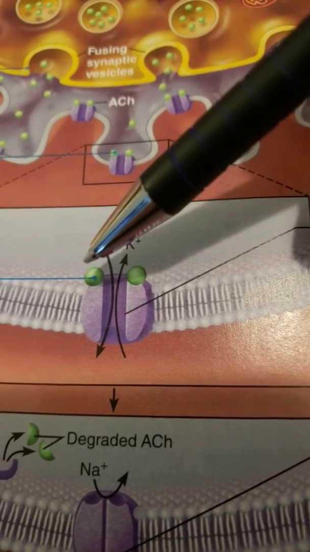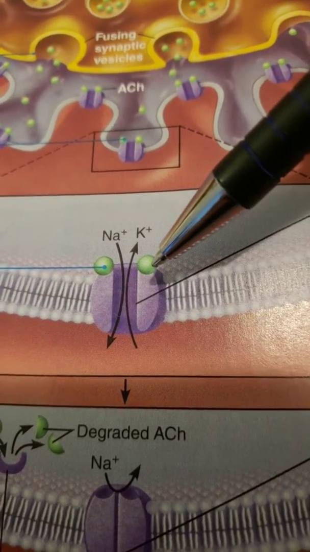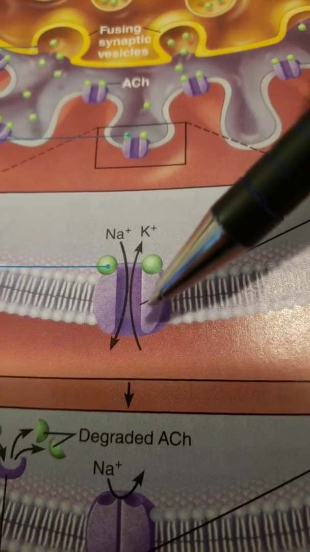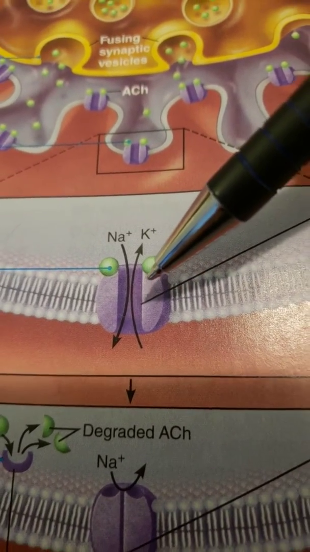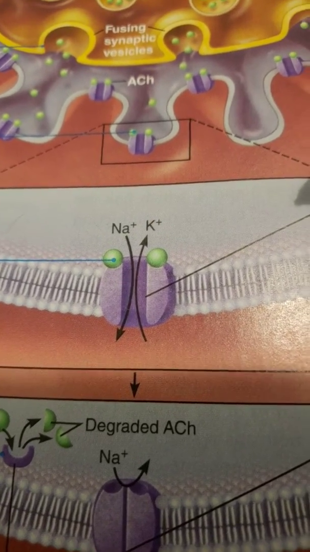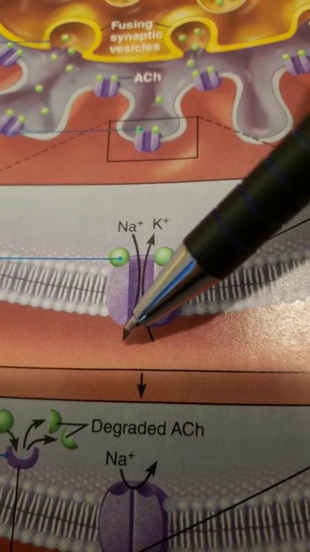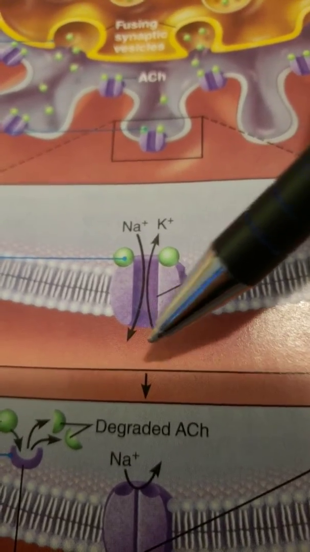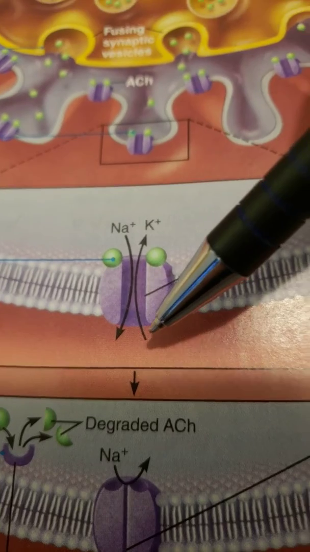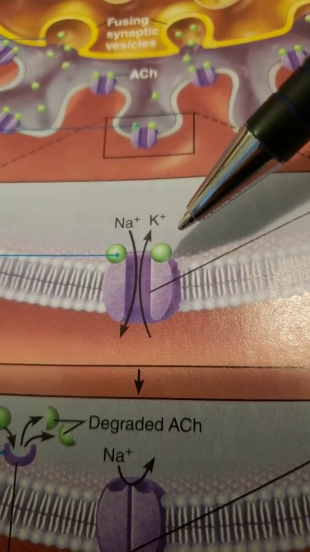When acetylcholine molecules bind to acetylcholine receptors, that bond changes the shape of the protein receptor, which then acts as a channel. Now, sodium can diffuse down its concentration gradient into the cell, and potassium can diffuse down its concentration gradient out of the cell.